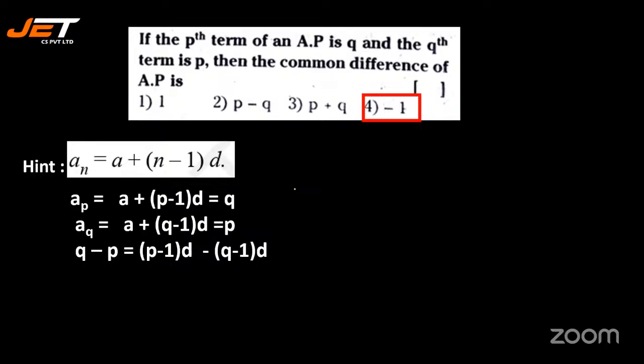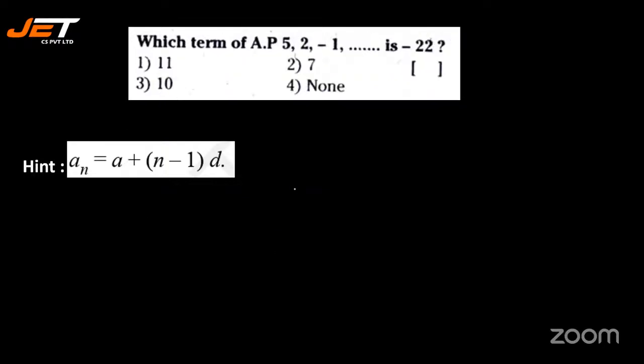Right. So you can just subtract, q minus p, which is p minus 1. You can take common difference d. D is common. (p minus 1) minus (q minus 1). So 1 gets cancelled. Okay. Right. So finally you will get q minus p is equal to (p minus q) into d. So d is minus 1. All right. See the next question.